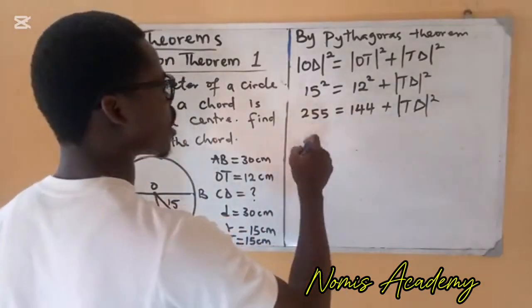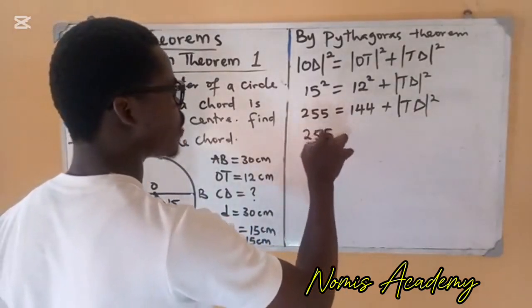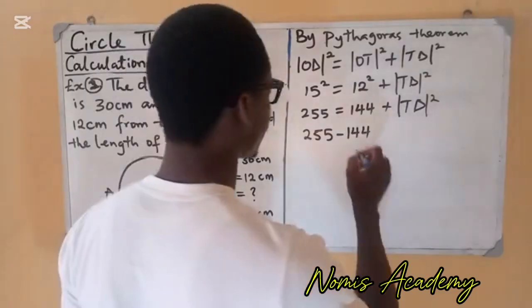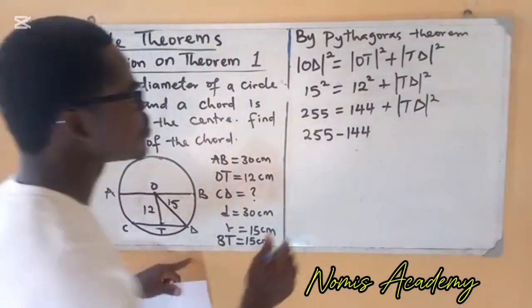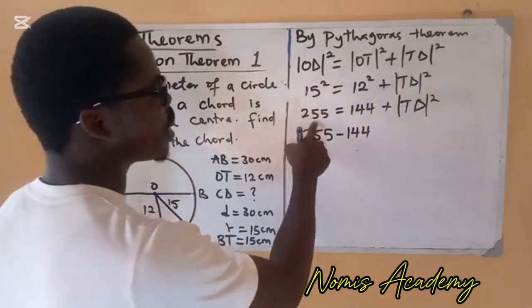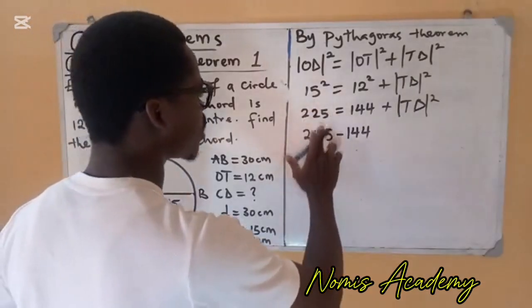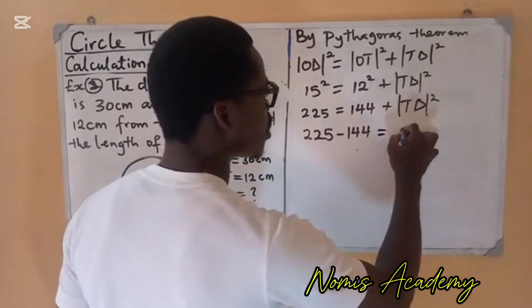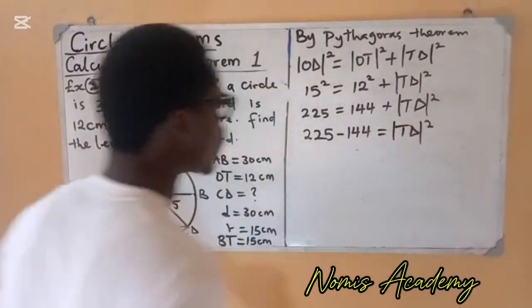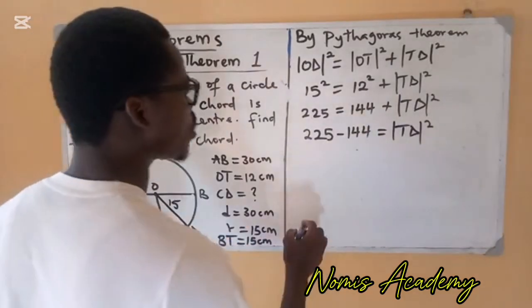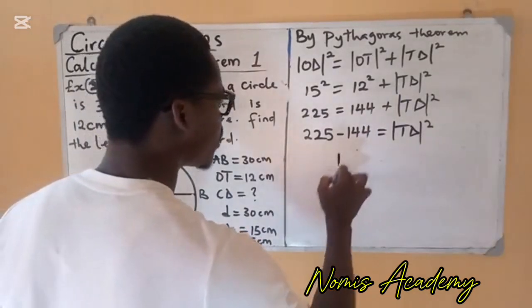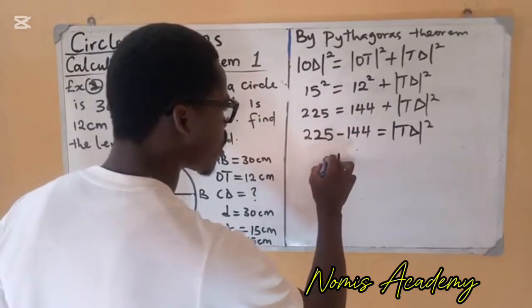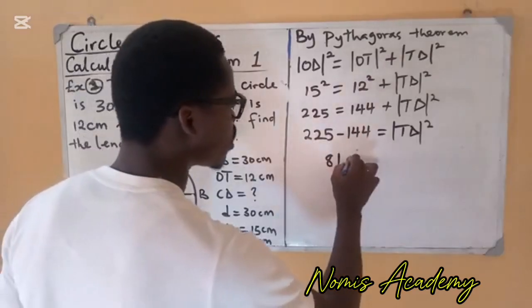To move this to the other side, 225 minus 144 will give us 81.